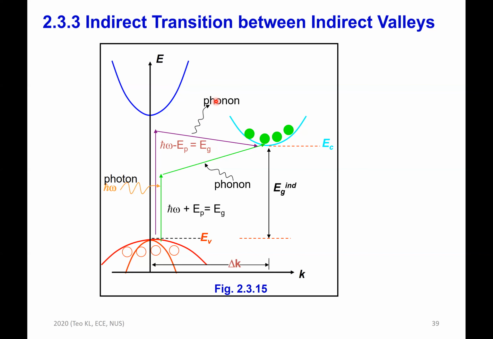So you write the equation: omega, which is the photon energy, minus the phonon energy, equals the band gap energy of the indirect band gap semiconductor. So there is a two-step process, and either way, we can make a transition.